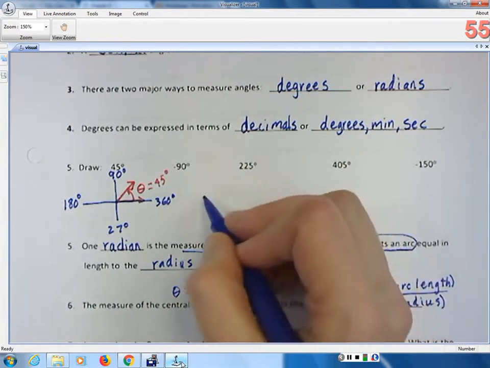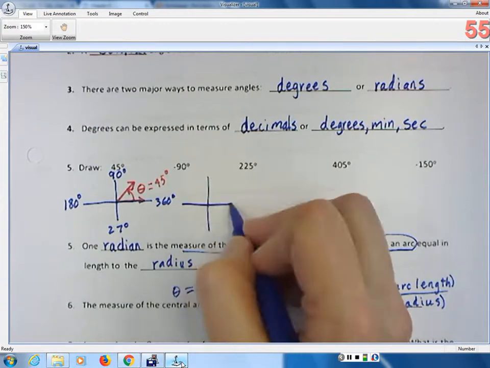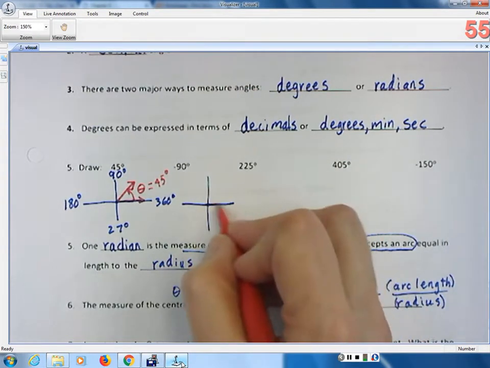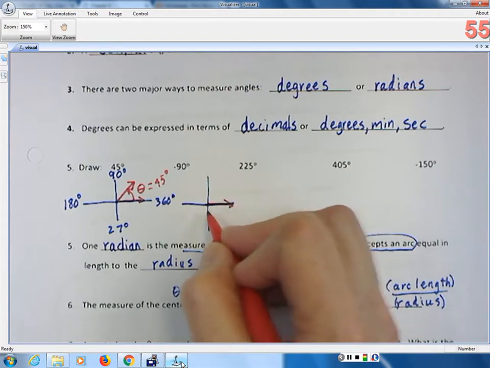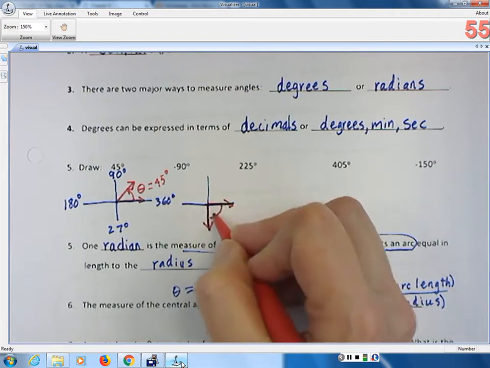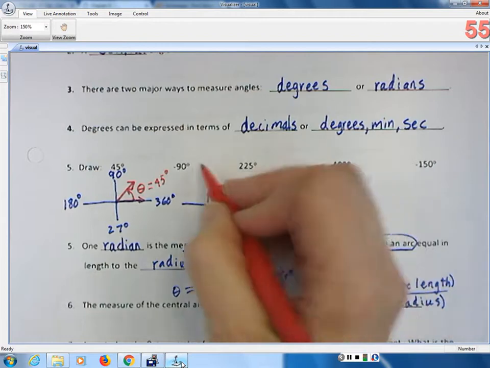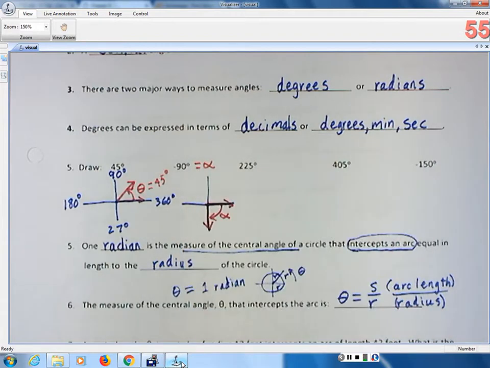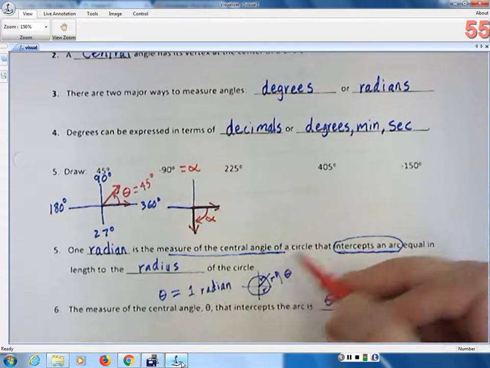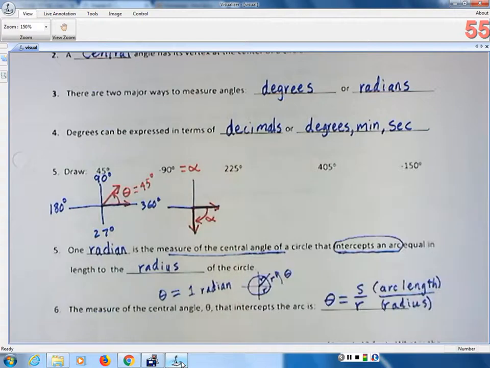Minus 90 degrees. So we start here, and we're going to go in a clockwise direction down to negative 90. So alpha, we went in a negative direction. So that's a negative angle, and that's negative 90 degrees. 225 degrees.